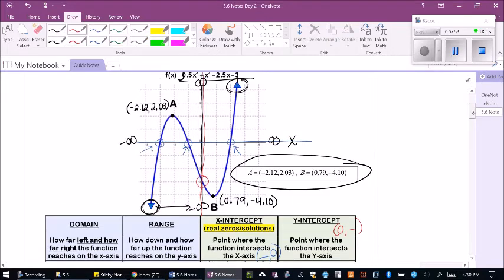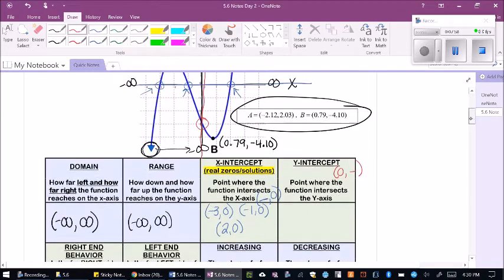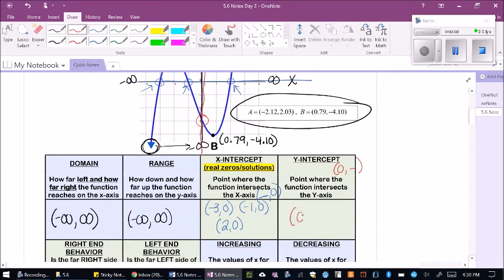And I'm just going to read off that point that it crosses. So this is 1, 2, 3, so negative 3. So it's going to be 0, comma, negative 3. Now, with the y-intercept, I should always have 1 y-intercept. With the x-intercept, it's going to be very common for me to have more than 1.